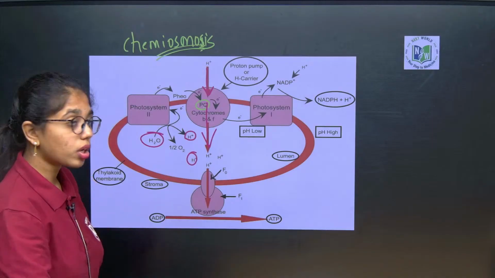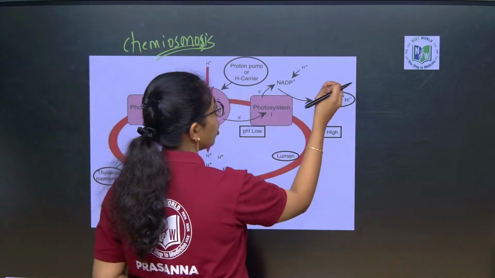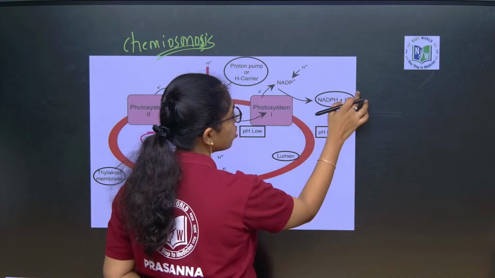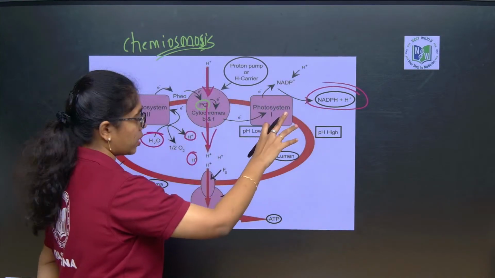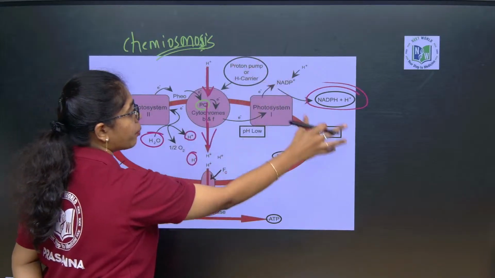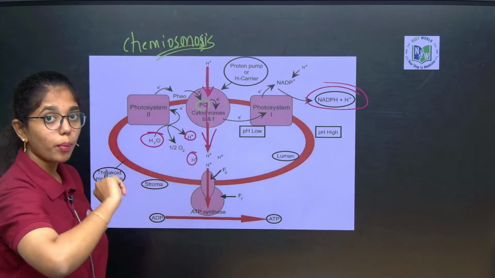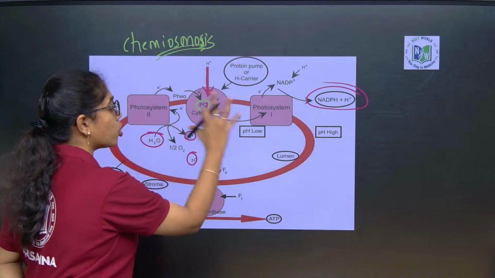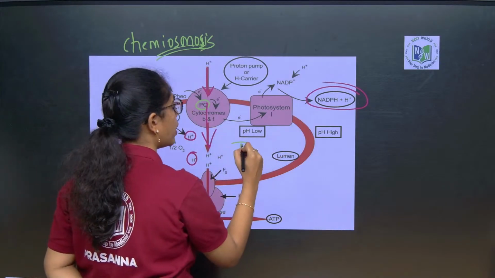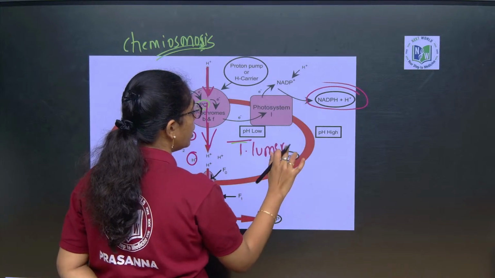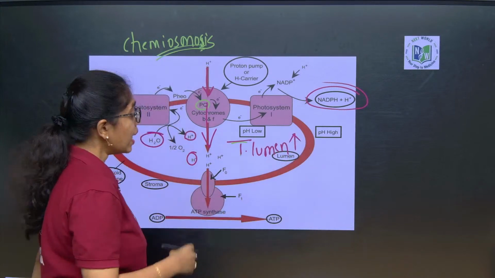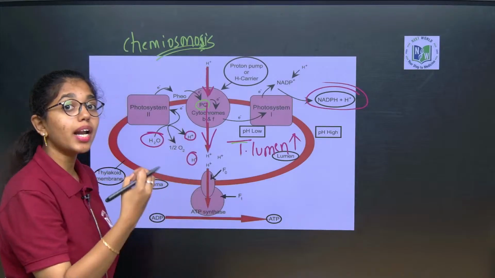Whichever few protons are present in the stroma, those protons are reduced to NADPH by the NADP reductase. As such, the proton concentration in stroma is reduced and proton concentration in the thylakoid lumen is high. This will generate a proton gradient.